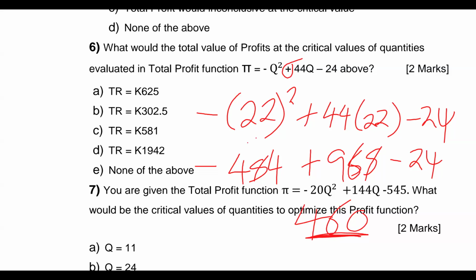Okay, let me redo. 22 squared is 484, which is correct.